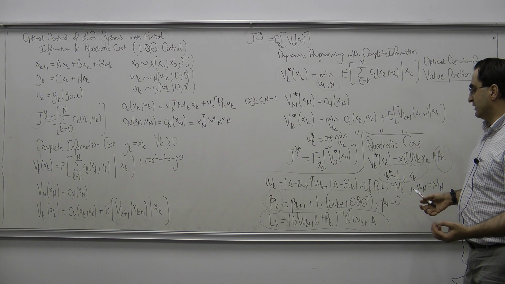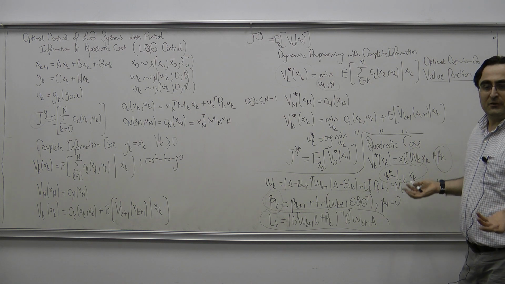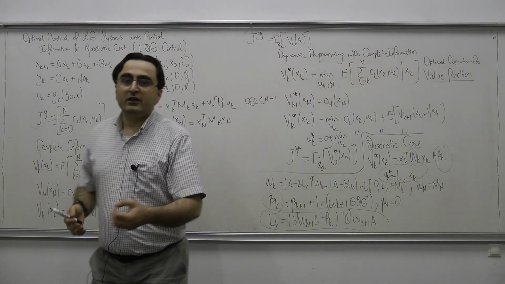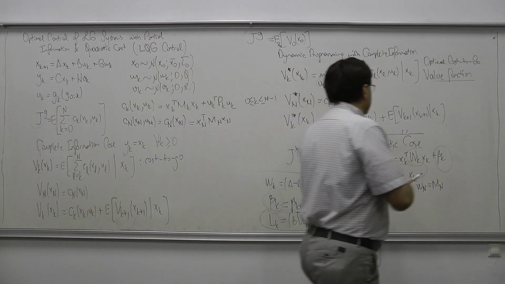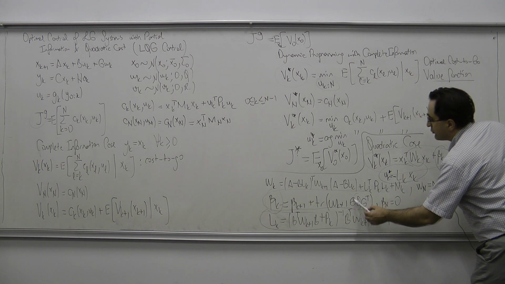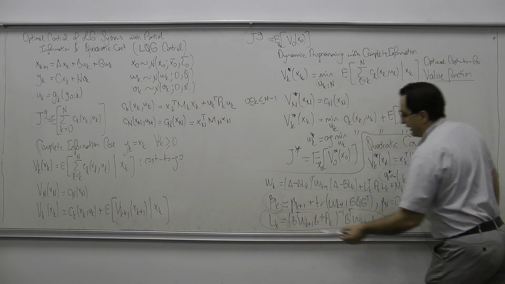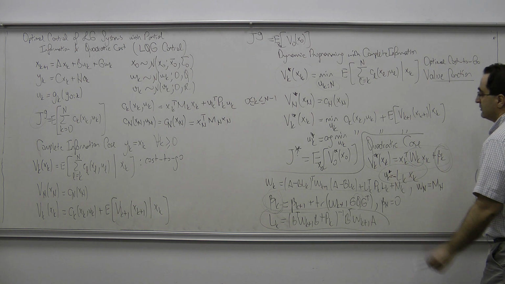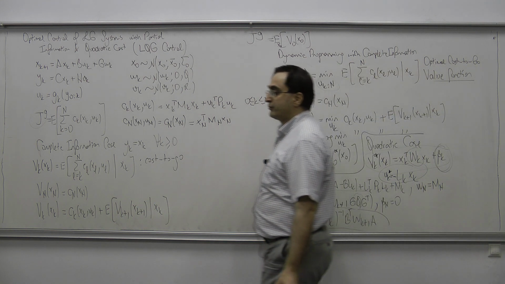What does that mean? So what is different when I change Q? The value of the final cost is different. Okay? When I change Q, betas are changing, and because betas are changing, the value of the optimal cost changes.